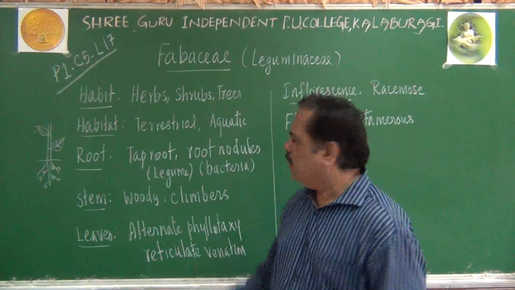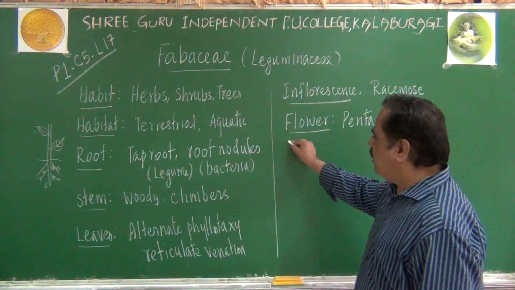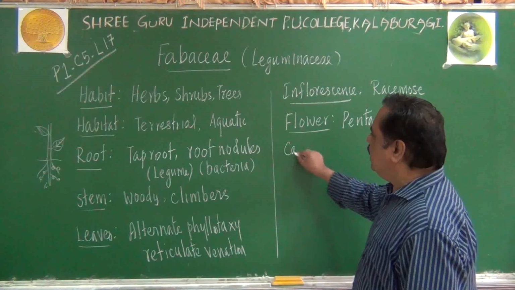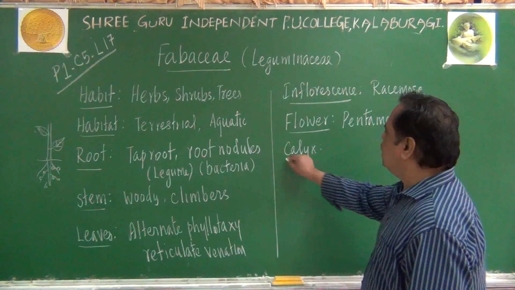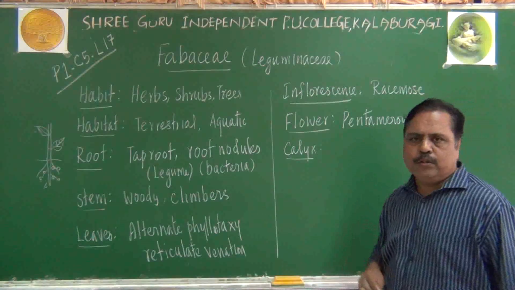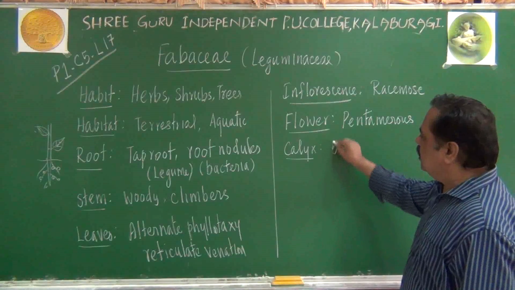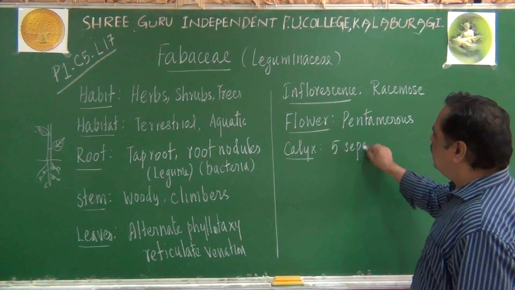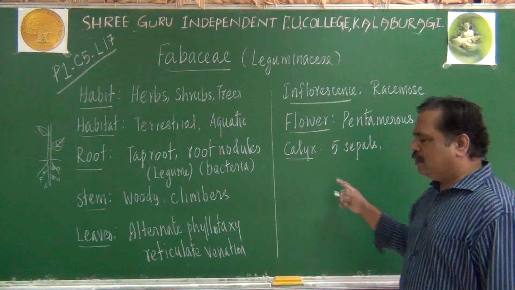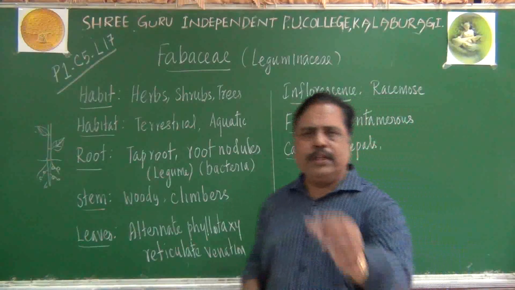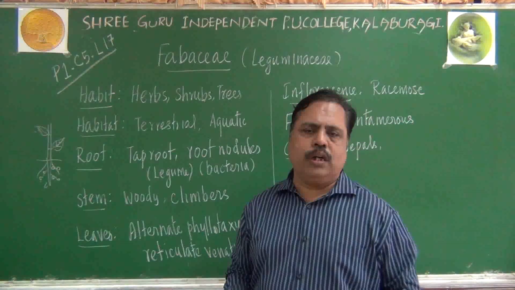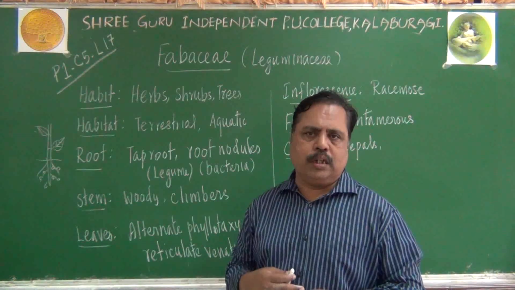In the flower, what do we come across? The calyx. The calyx of the flower belonging to Leguminosae has 5 sepals.